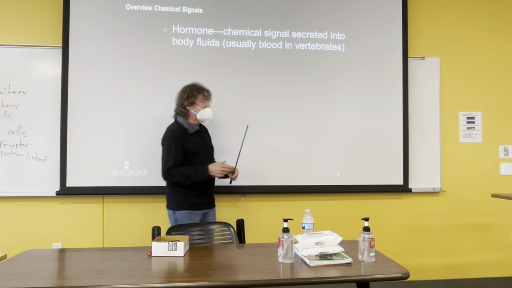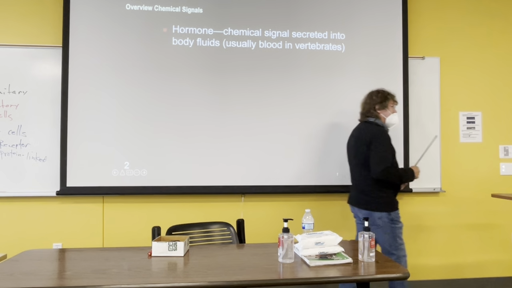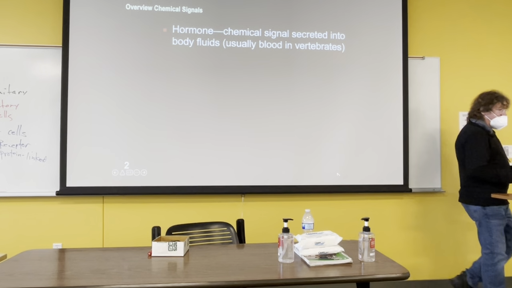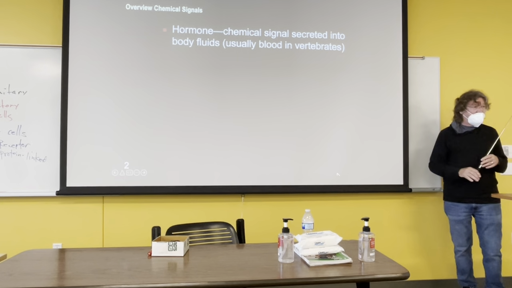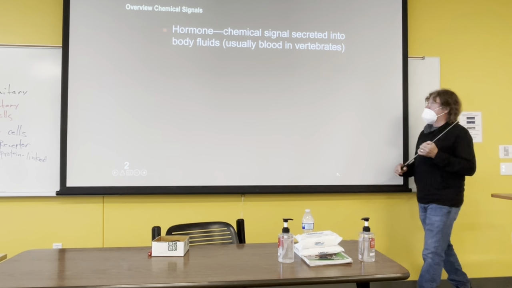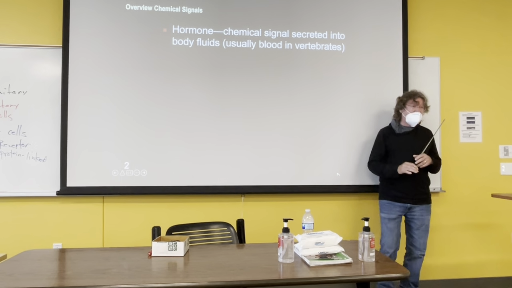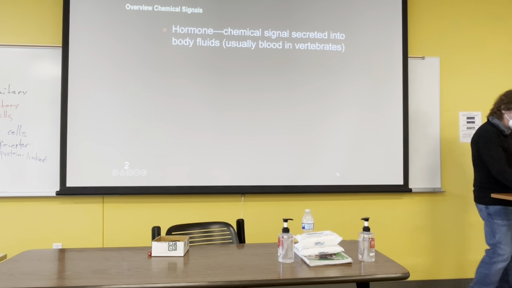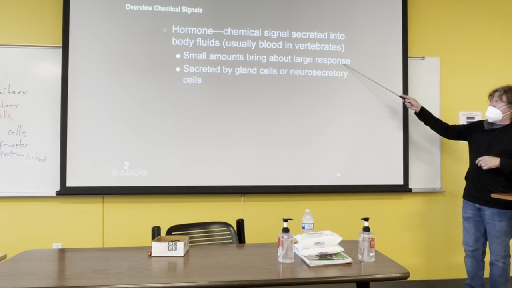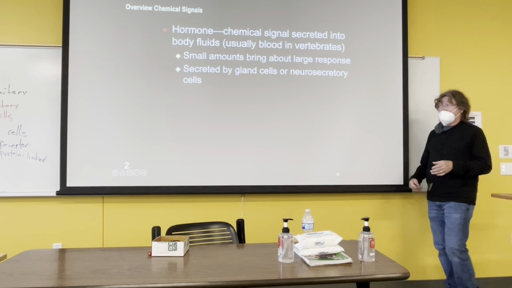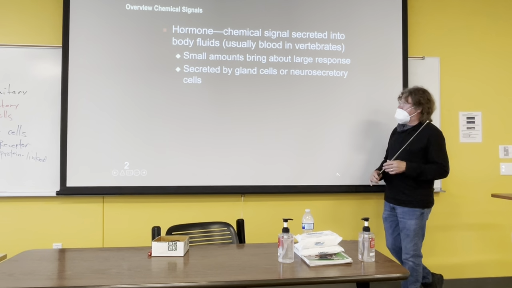Because there's other types of entities that play chemical roles here. But a hormone is a particular type of chemical signal that's secreted into body fluids. And in vertebrates, of course, that body fluid is blood. And it really requires just a tiny amount of the hormone in order to bring about a large response.